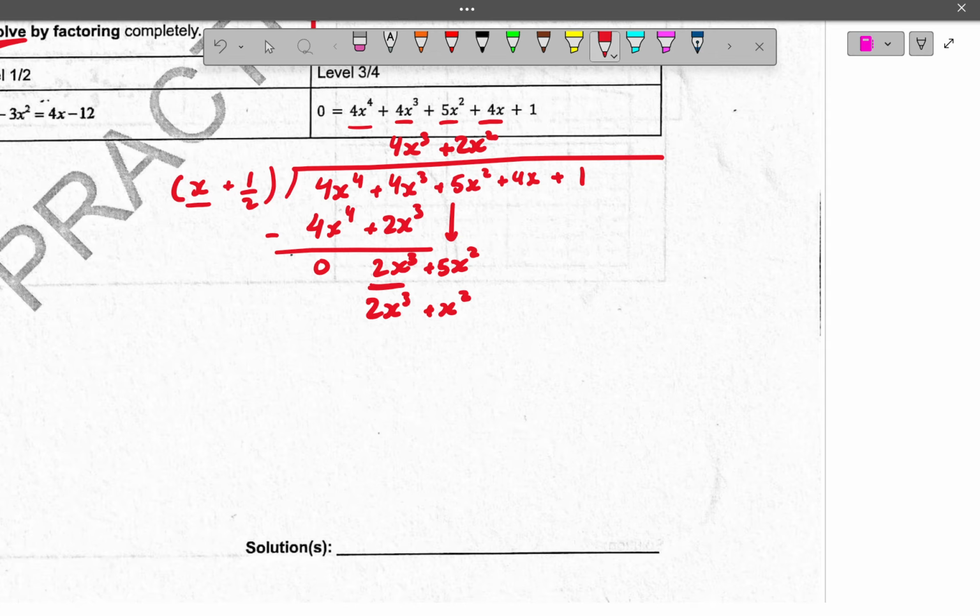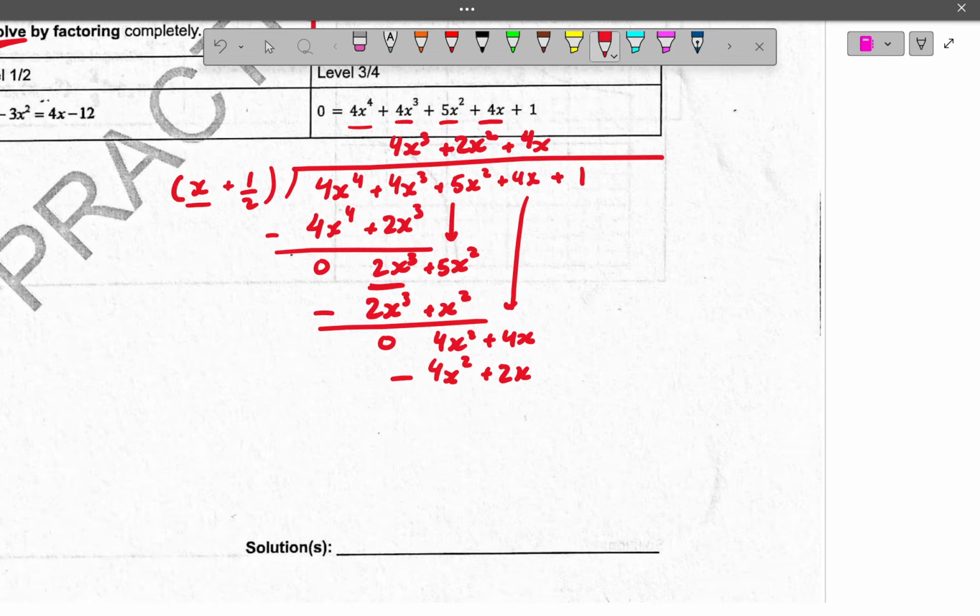Subtract them, that's a 0. 5x squared minus 1 gives me 4x squared. Taking down the next one, 4x. And then I need plus 4x, since 4x times x will give me 4x squared, and 4x times a half gives me 2x.